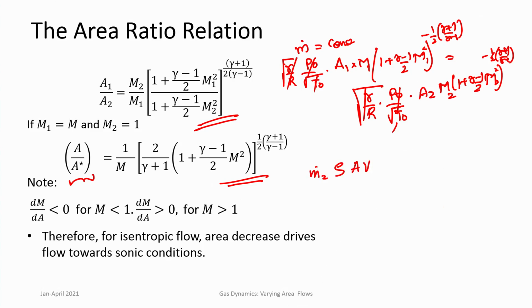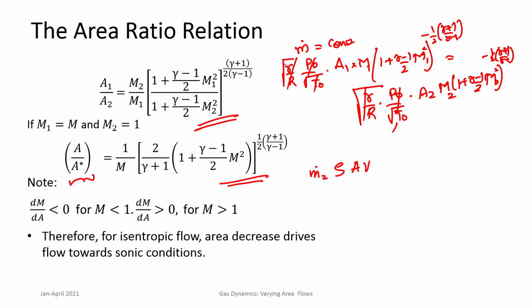Okay. So now how does A by A star behave? For this we plot A by A star, but immediately we can do a differentiation also and understand how Mach number changes as area changes, dM by dA.